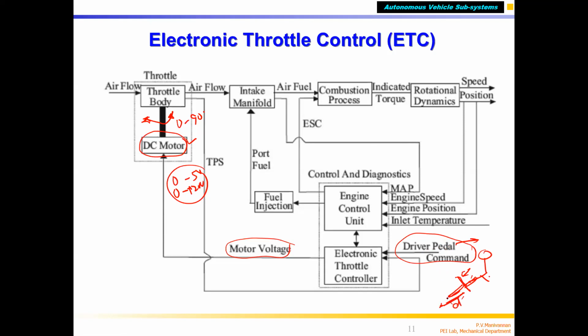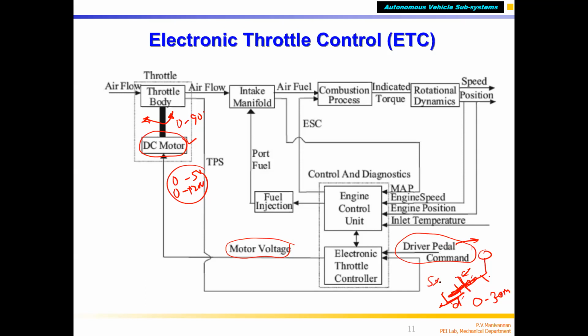This is a linear displacement. It may move 0 to 30 mm or 0 to 50 mm. This is sensed, and how much displacement depending on the force is sent as the driver pedal command.